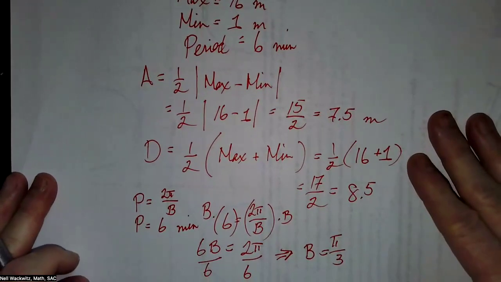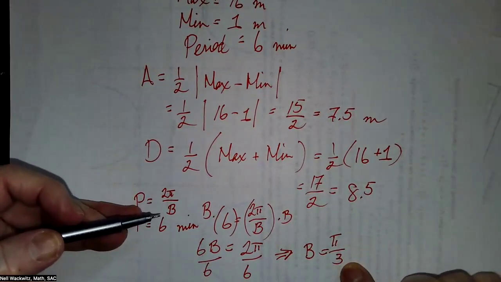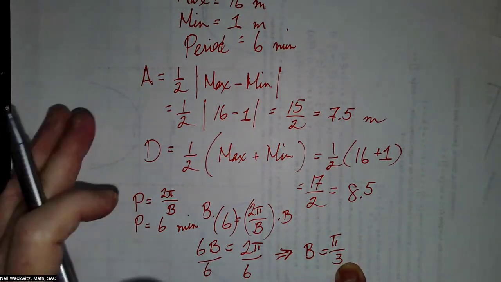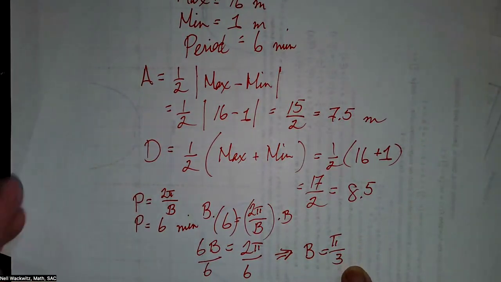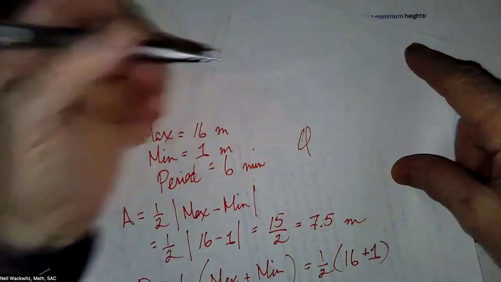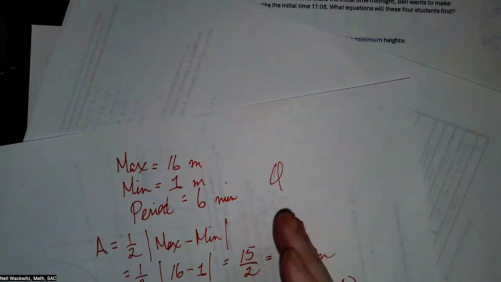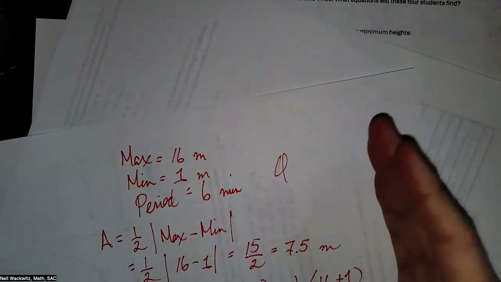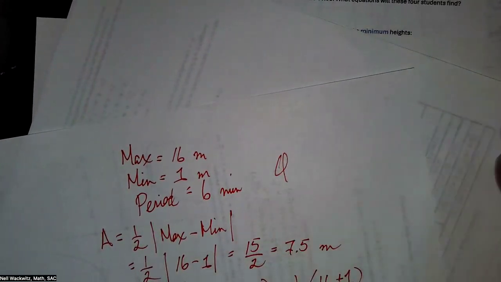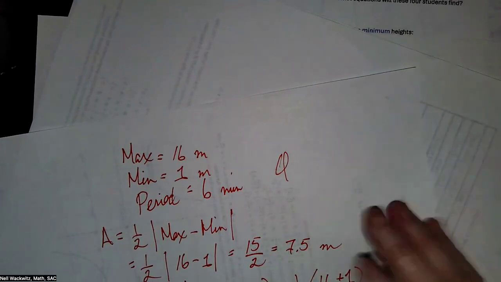None of these 3 values, A, D, or B, has anything to do with where we start. But guess which one does? C. C has everything to do with if you're shifting to the right, shifting what with respect to what?